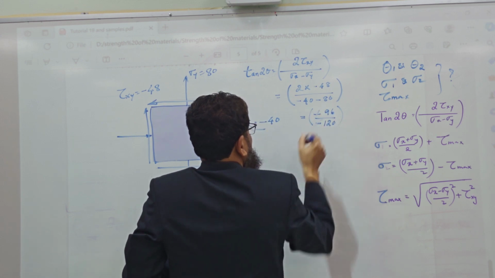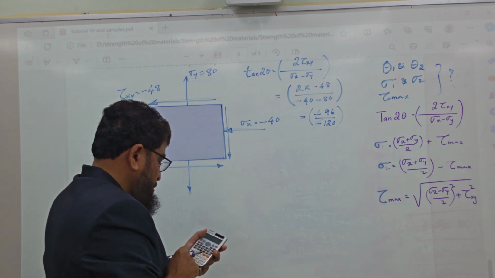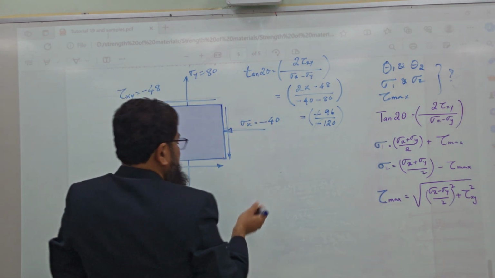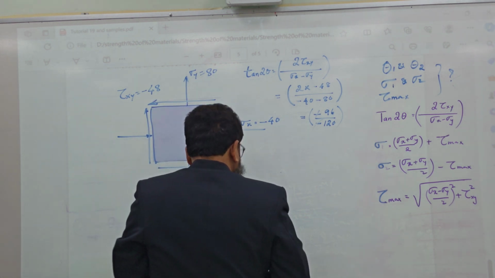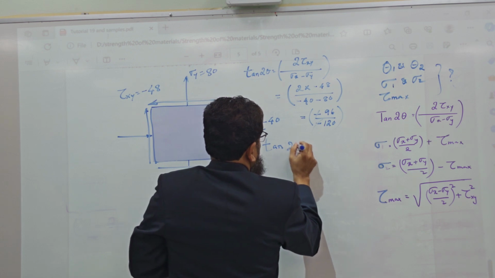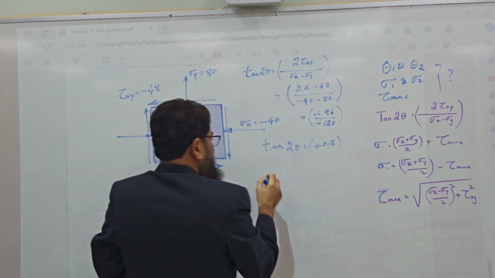This minus sign will go. Divided by 120, that gives me 0.8, positive. Tan 2 theta is equal to plus 0.8.